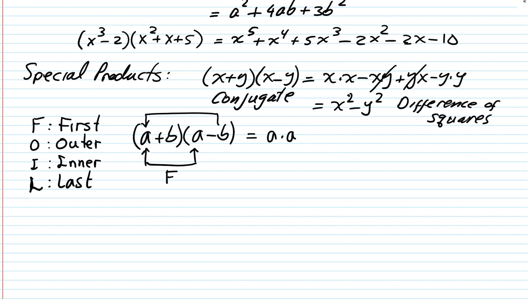The relative position of terms with respect to each other. Those are the outer terms on the outside. Negative a times b, that's negative ab. The relative position of b and a in here, those are the inside terms. Call them inner terms. They multiply. And finally, last in the first binomial, last in the second binomial, they multiply together, giving me negative b squared. So we end up with the same expression.